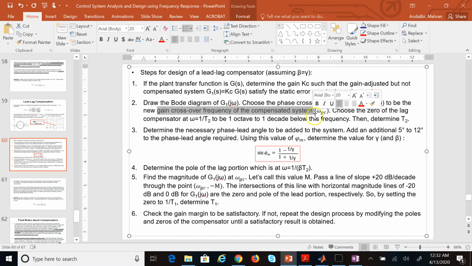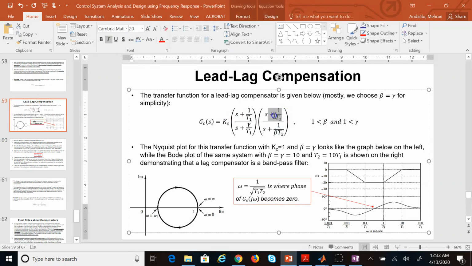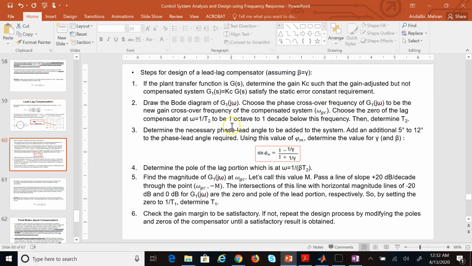I mean the system that has the zeros and poles of lead and lag portion added, not just gain. Okay, and then we make sure the zero of the lag portion of the compensator, this number here, is 1 octave to 1 decade below the number that we find. That will give us T2.